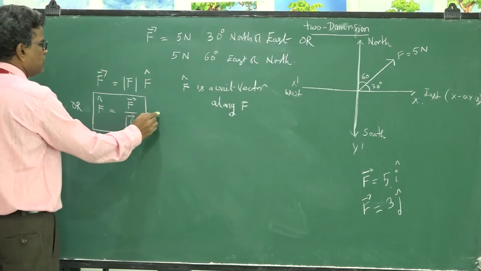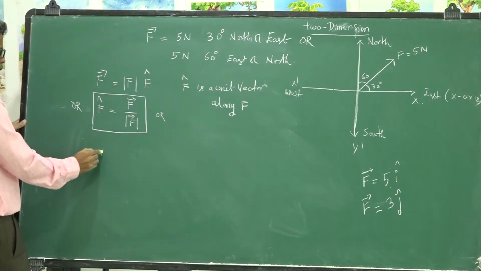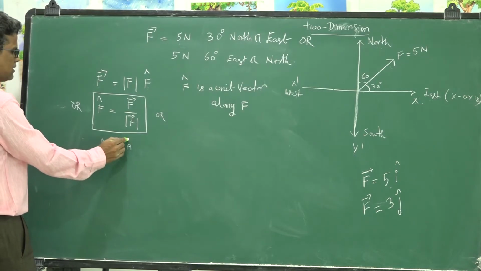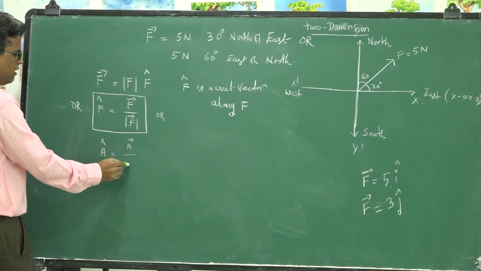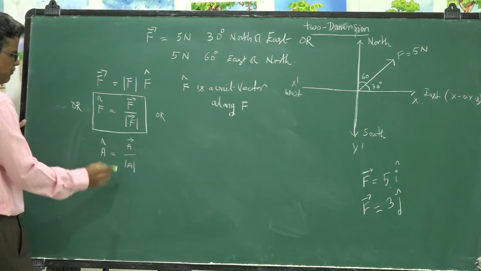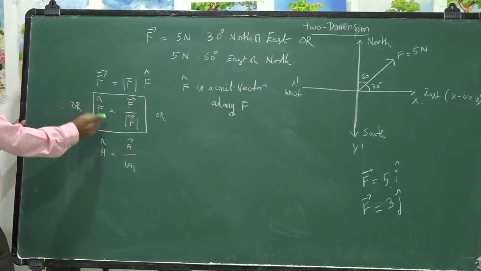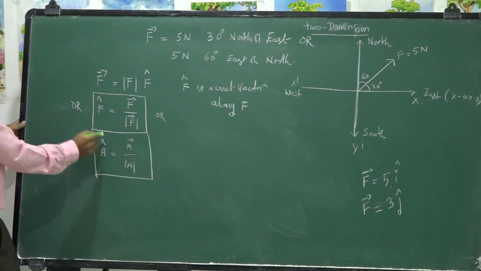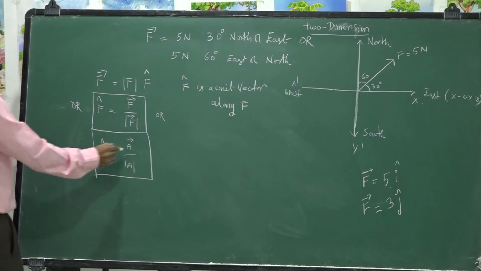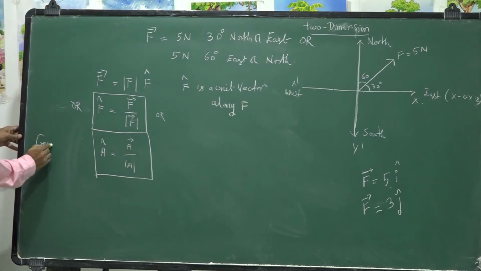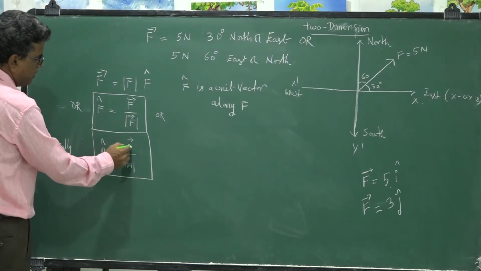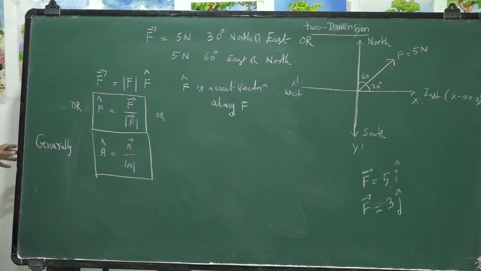Generally, if A bar is the given vector, the unit vector along A bar is A bar by mod A bar. Generally, we can write A cap is equal to A bar by mod A bar.